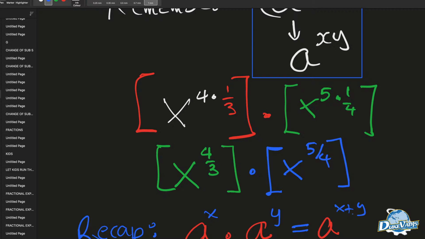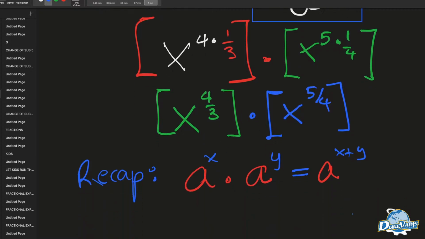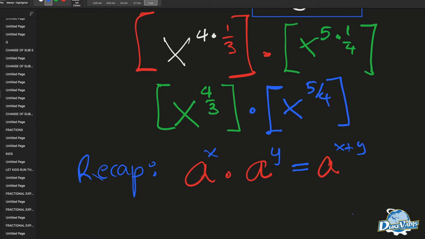Have you seen that? We know this all the time, that if we have a raised to the power x times a raised to the power y, this is the first principle or property of indices, which says that the right hand side will be the summation of x and y. So if we apply the same method to this one, they look alike.